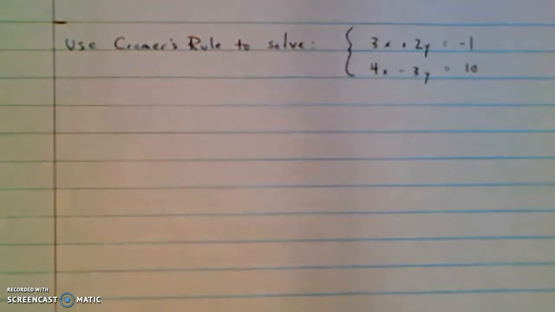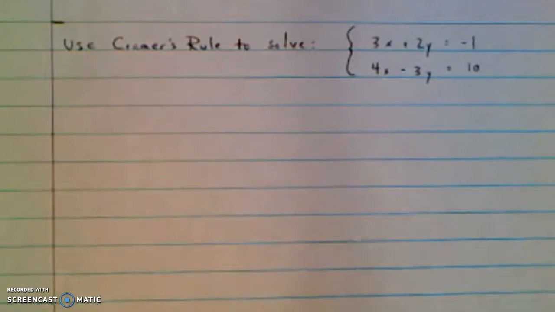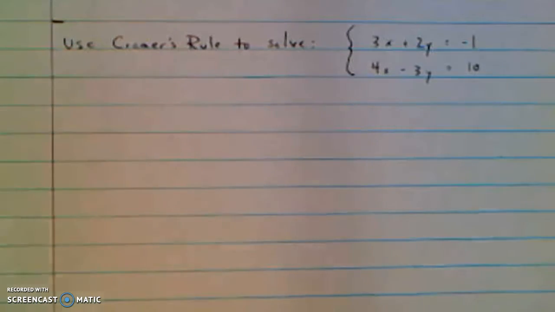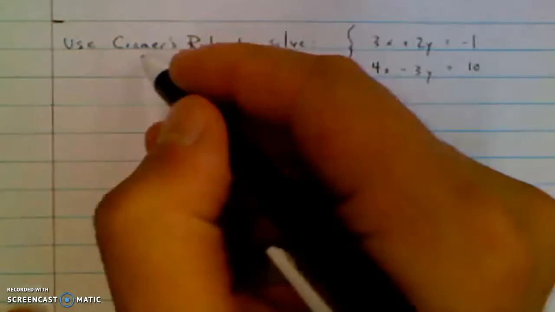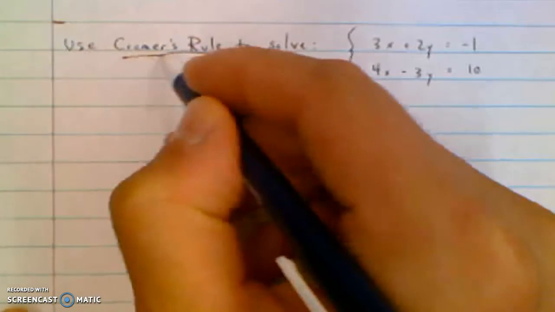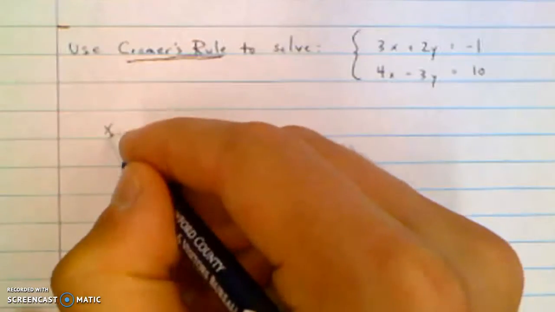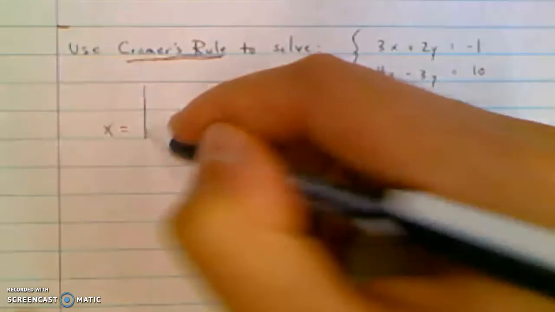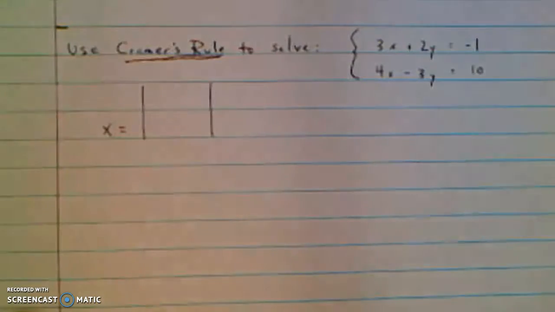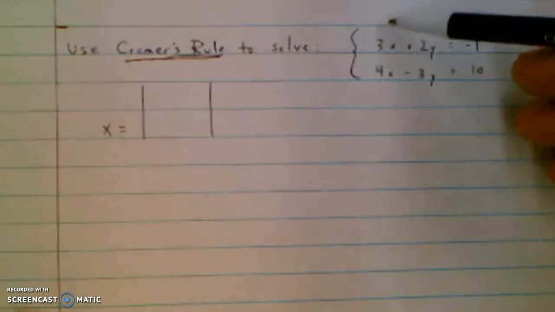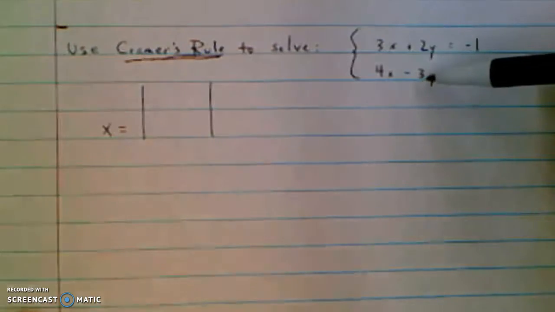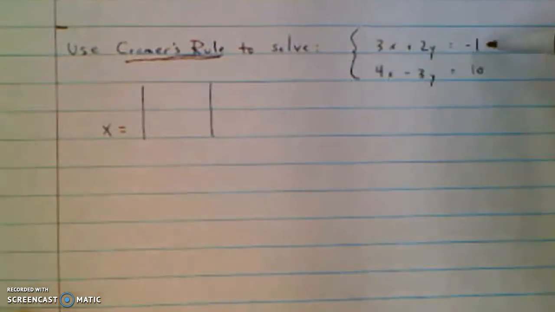Hopefully, after a few, you can easily internalize this process. Alright, so use, again, this is Cramer's rule. Use Cramer's rule to solve. So, in order to solve for x, going to replace the x column with the constant column.